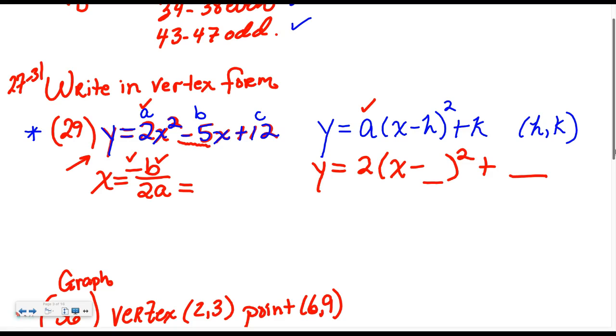The opposite of a -5 is 5 over 2 times a. In this scenario, a is a 2. It's this right here. So 2 times 2 is 4. So I get 5/4, or if you're allowed to round, 1 1/4, or 1.25. That is the x coordinate of the vertex.